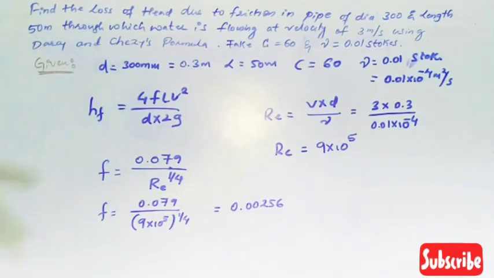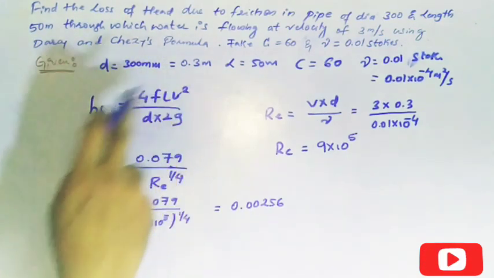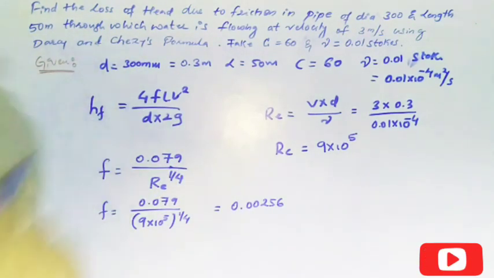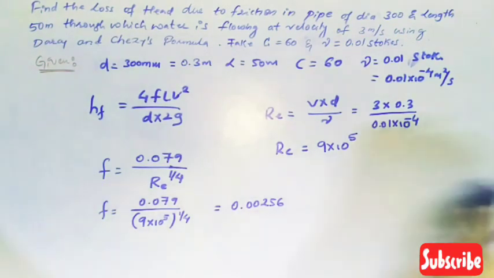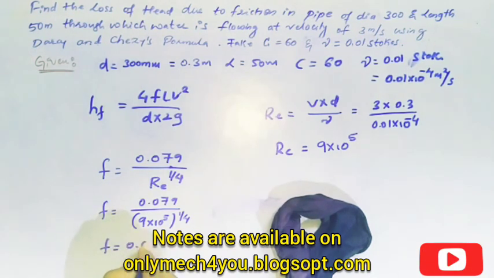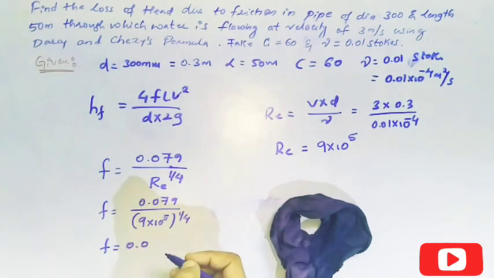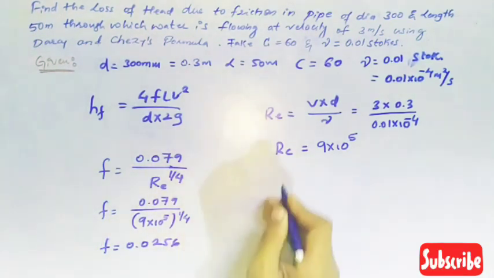Now we have identified the coefficient of friction. Now let us substitute all the values in this hf equation, that is head loss due to the friction. I will just write it here. Now f will be 0.0256.